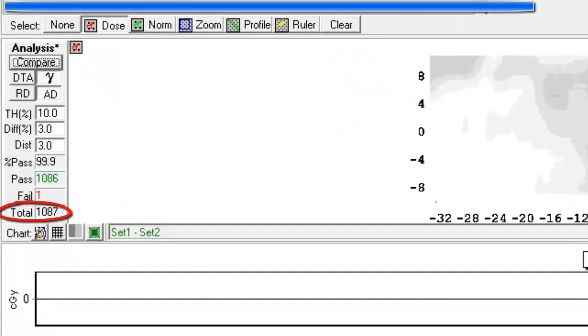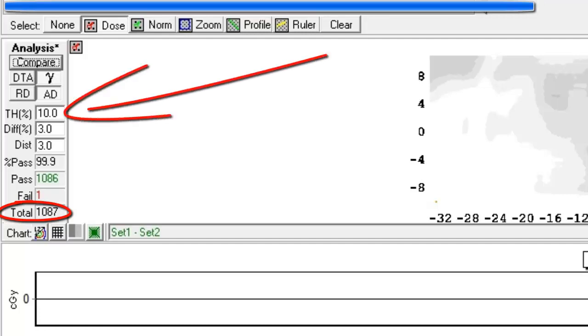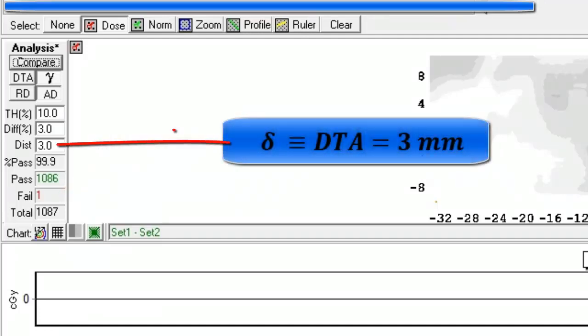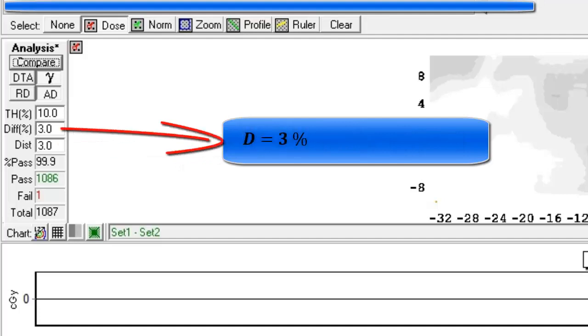Number of detectors, 1,087. We didn't utilize 1,300 because of the baseline that was used. They passed 1,086 tests, and the one that didn't pass was only 1. Delta, which is known as distance to agreement or DTA, was 3 millimeters, and the height of our ellipsoid was 3%.